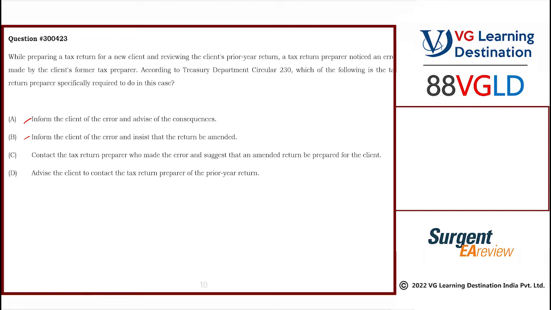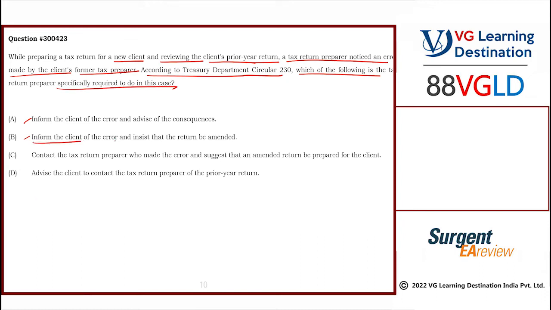See this. While preparing a return for a new client and reviewing the client's prior year return, a tax return preparer noticed an error made by the client's former tax return preparer. According to Circular 230, which of the following is specifically required to do it? Inform the client of the error. This is absolutely correct. And insist that this must be amended. No, you can't insist that.